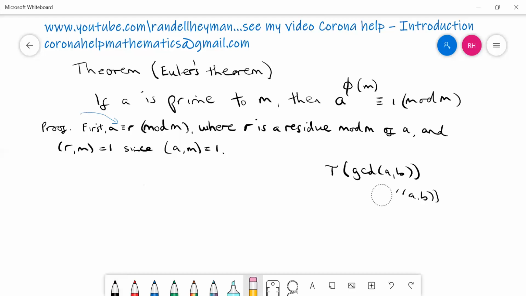Okay, enough of that. The important point is the last bit. It says that the GCD of R and M is equal to 1 since the GCD of A and M equals 1.